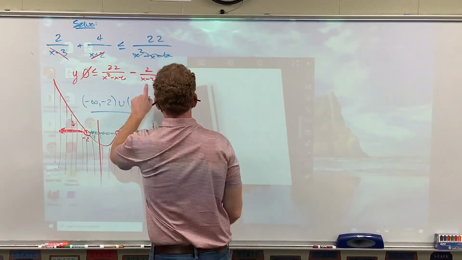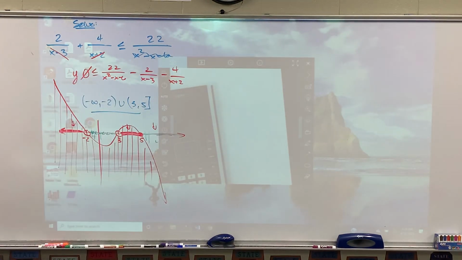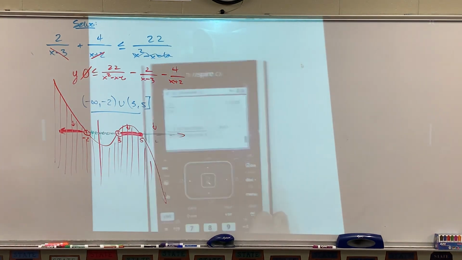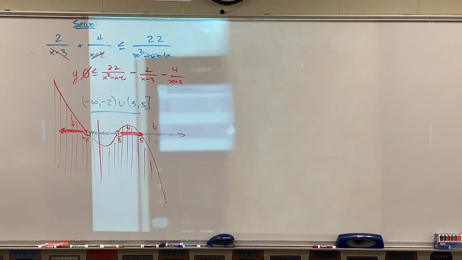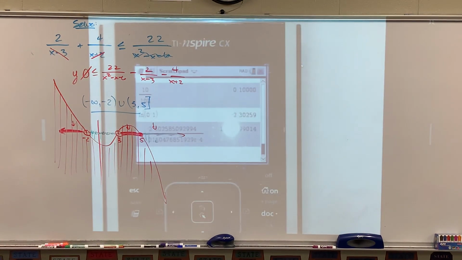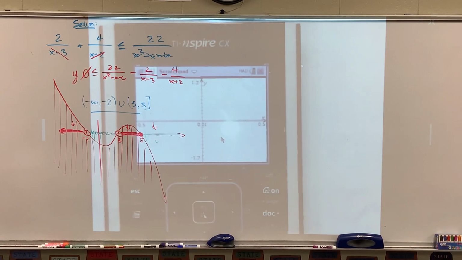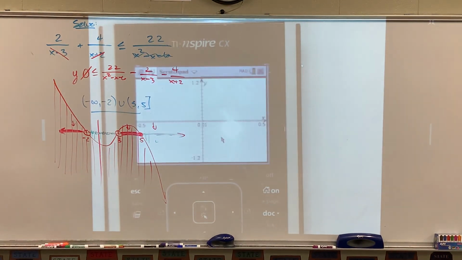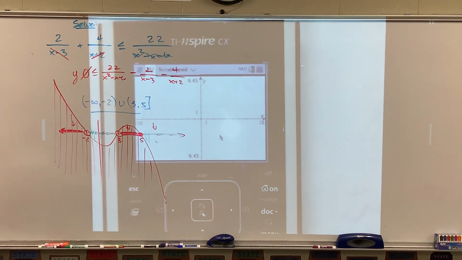All right, so I'm going to grab this thing. So let me show you. You might want to just do it with me and troubleshoot it. So here's your graph, menu, window, standard. So it's a nice standard window right there.